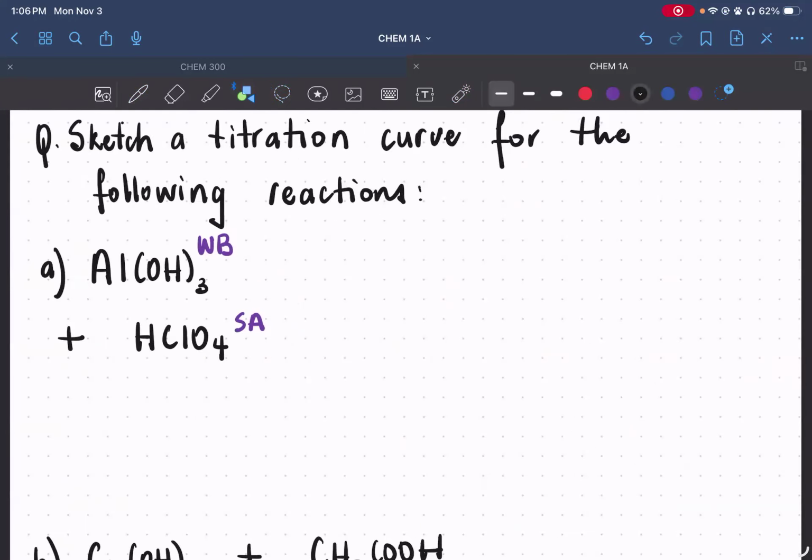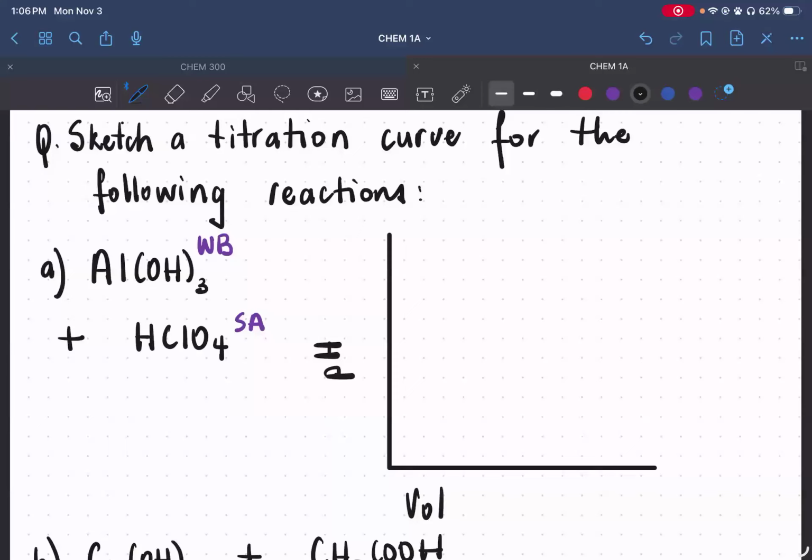We know, of course, what our graph is going to generically look like. We have pH on the y-axis, volume of the aluminum hydroxide added. Remember, it's not generically base anymore.